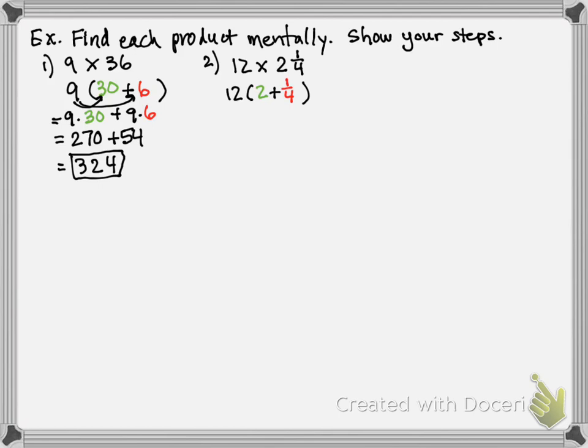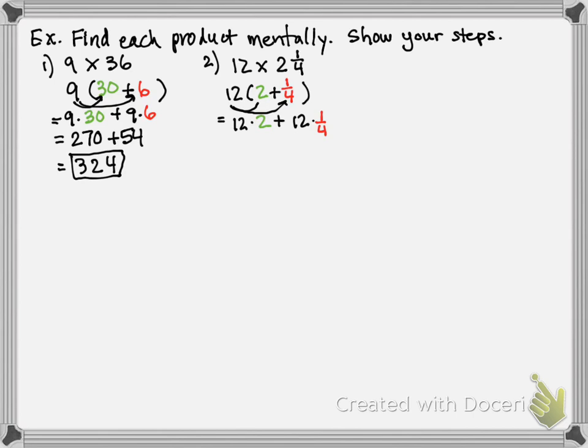Okay, so when I distribute, I'm going to get the 12 times the 2 plus the 12 times the 1/4.